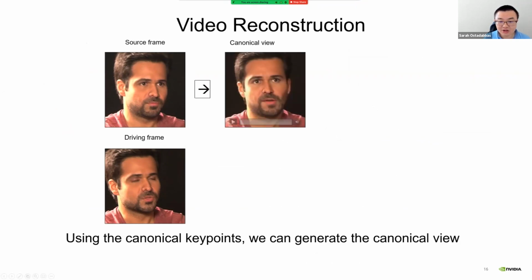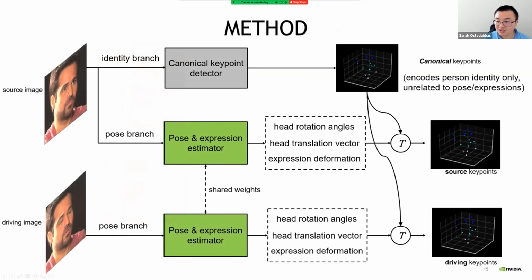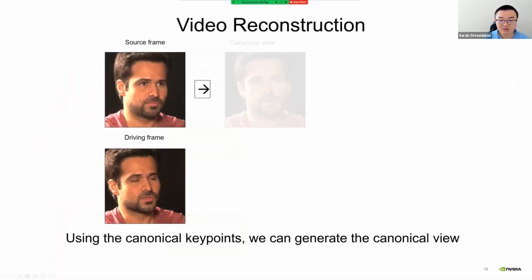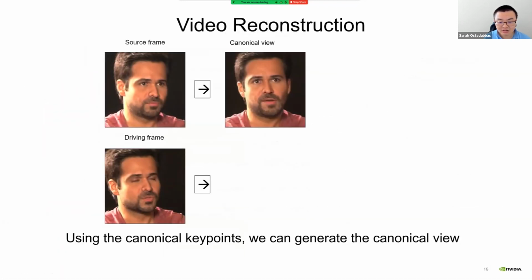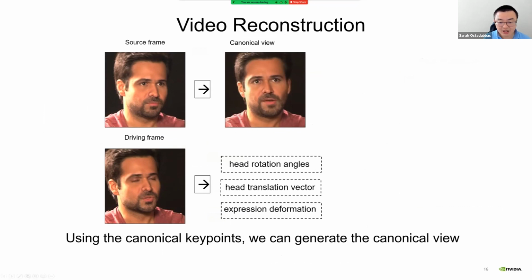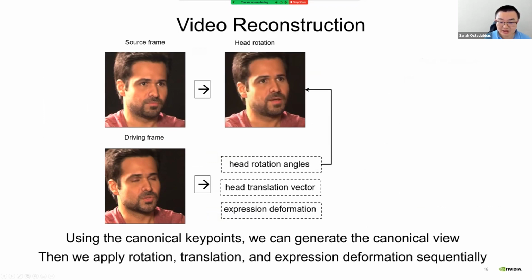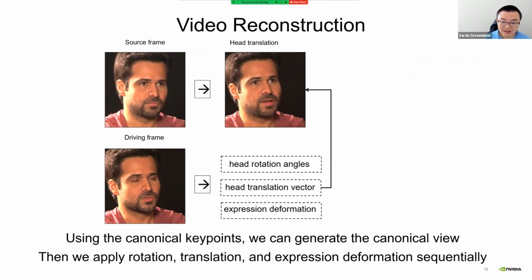This is a reconstruction if you purely use the canonical key points, without applying the translation, rotation, and the expression, right? So this is what you get. And now for the driving frame, we have extracted the head pose and expression. By applying the head pose, we rotate it, and apply translation, we shift it, and apply expression, we change the subject to the correct expression.